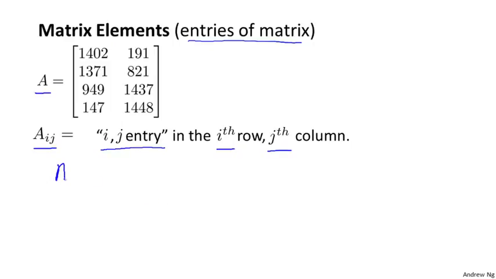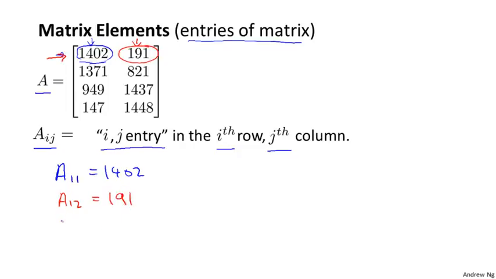So for example, A11 refers to the entry in the first row and the first column. And so A11 is equal to 1402. Another example, A12 refers to the entry in the first row and the second column, so A12 is equal to 191.